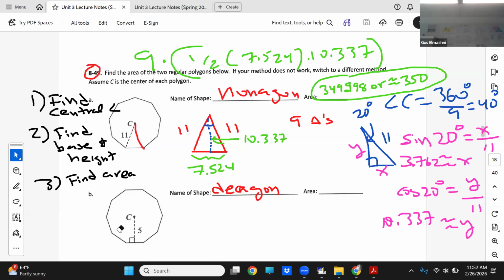Sorry, it's the height, the altitude. The 5 is the altitude. Okay. Because it's regular, we can assume that all the values that are inside are cutting at the same angles. Correct, right.